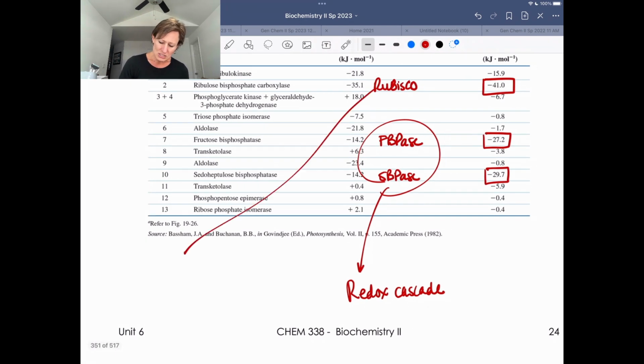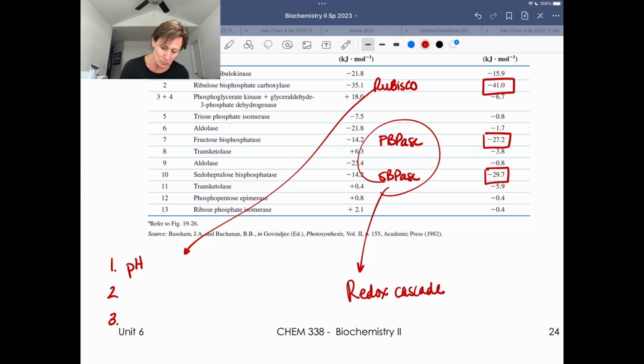Rubisco is a little bit different, okay? Rubisco, we can think about there being like a 3-step check to make sure that Rubisco, this is such an important enzyme, we really want to make sure that if it's time for Rubisco to be active, that it is. So here are the 3 ways that we can control activity of Rubisco.